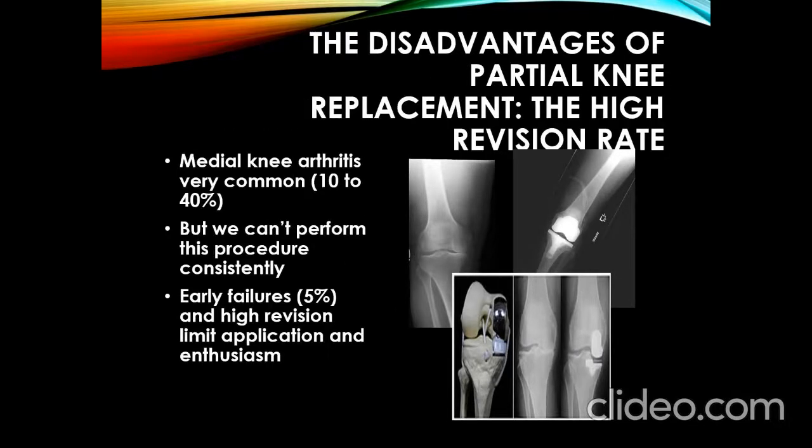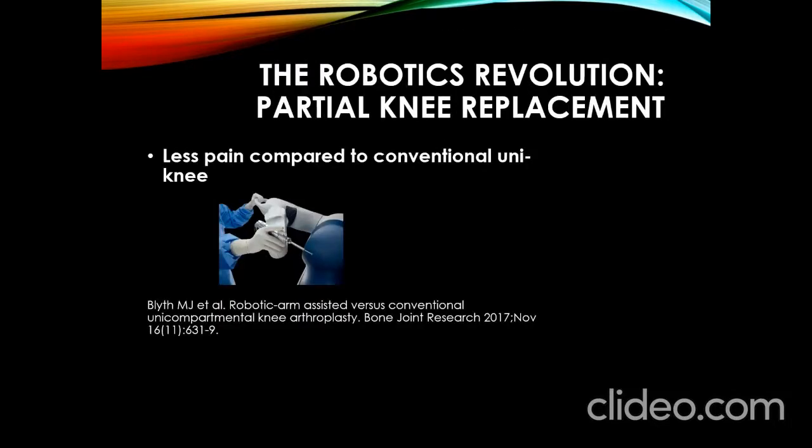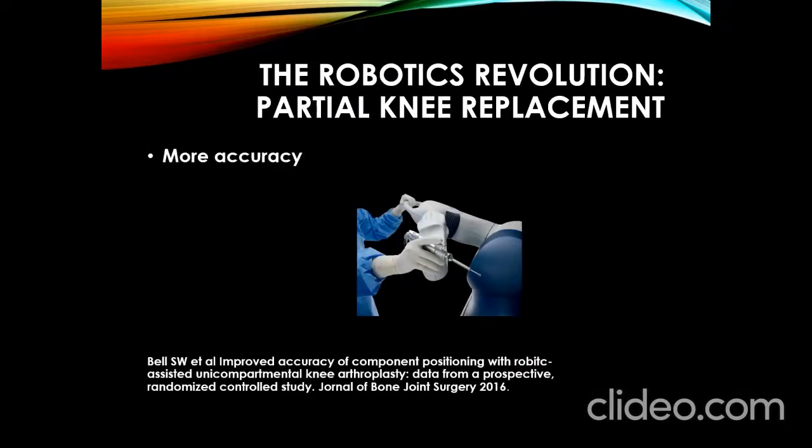So why not partial knee replacements for every patient, given that the majority of patients have localized arthritis? The reason is that it's difficult for surgeons to consistently perform it well, and this has led to early revisions. With robot-assisted technology, we know that partial knee replacements have better outcomes in terms of less pain compared to the conventional way of performing them.